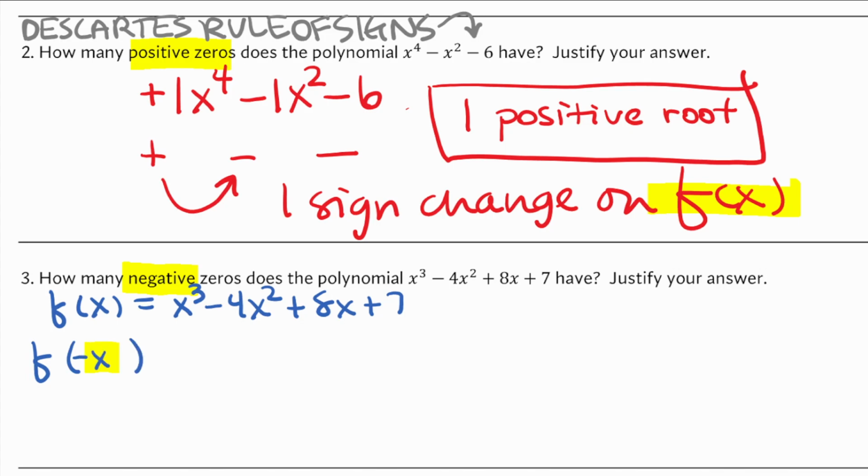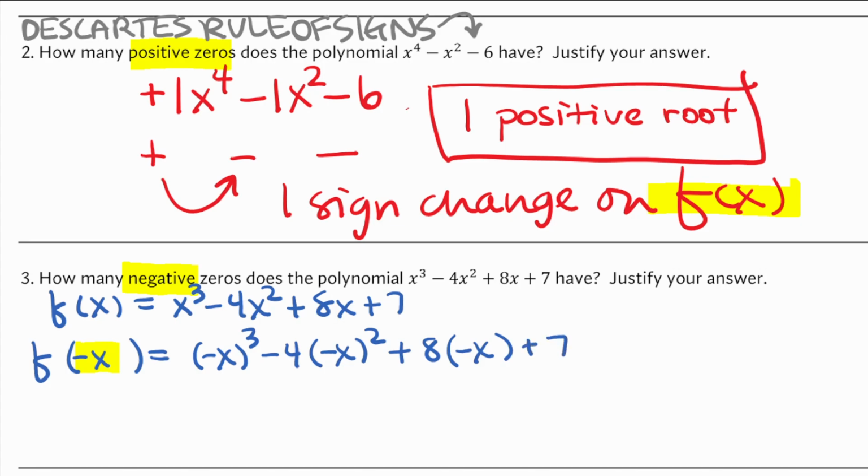We do that by just replacing x with negative x in parentheses everywhere we see it in the formula. So x to the 3 becomes negative x cubed, minus 4 times x squared, where we replace that x with a negative x. This x gets replaced with a negative x, but 7 doesn't have an x on it, so it just stays 7.